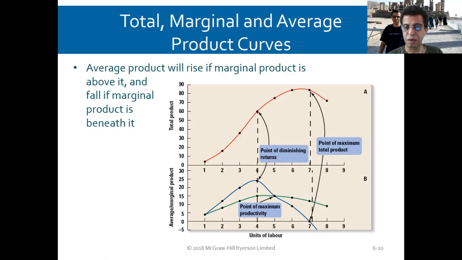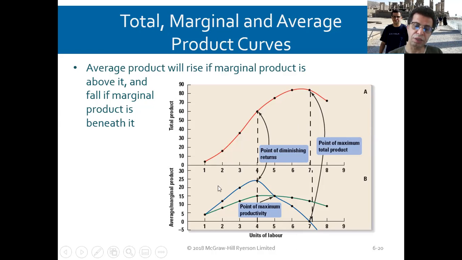And at the maximum point, it starts declining when it falls under the seven here, the unit, because you have more labor than you need. So it is the point of maximum total production, but once it goes below the zero here, you will have a decline.